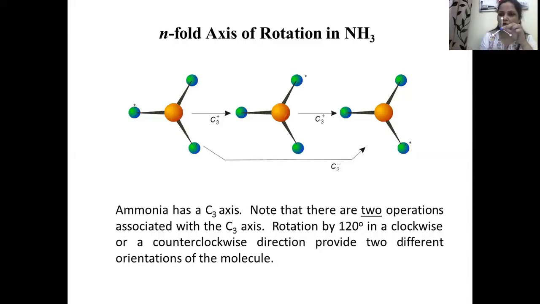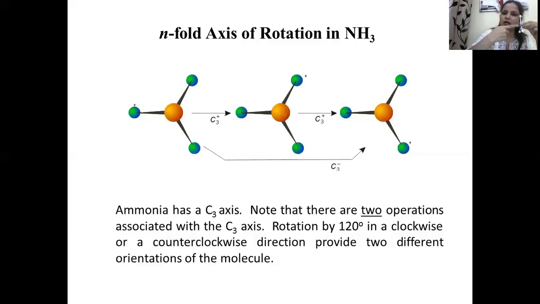If I hold this molecule like this, one of the possible axes is the one passing through this boron atom, like this. Again, these three fluorine atoms form a triangle. Again, what will be the angle in between? 120 degrees.